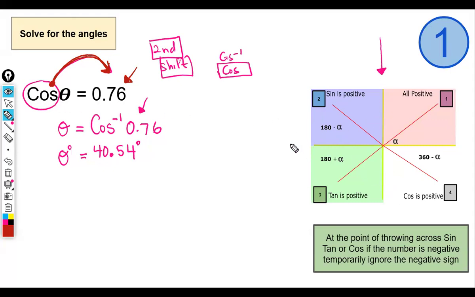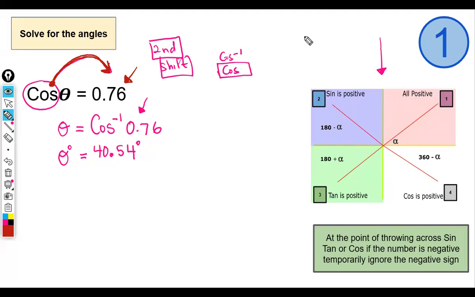You will notice that this chart has 4 sections. You just call them quadrants, as in quarters. Quadrant 1, quadrant 2, quadrant 3, and quadrant 4. You just read it anti-clockwise. In the first quadrant, quadrant 1, everybody is positive.